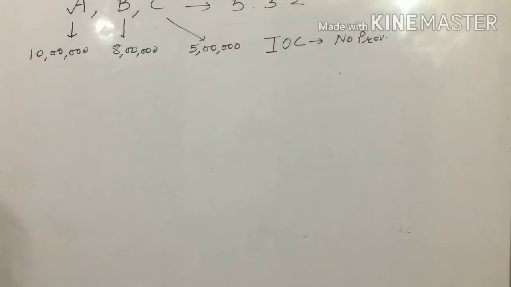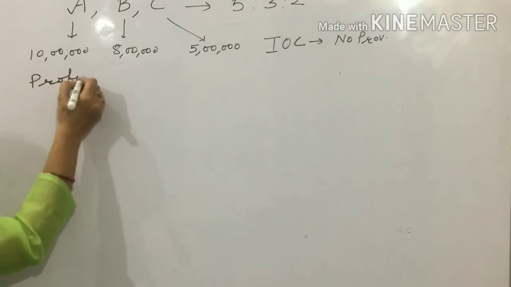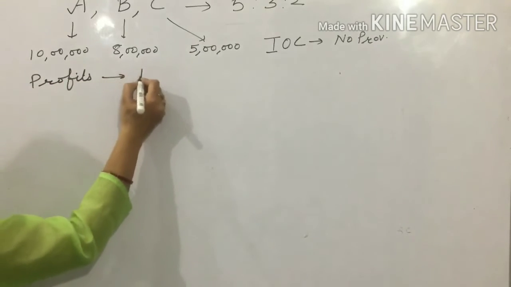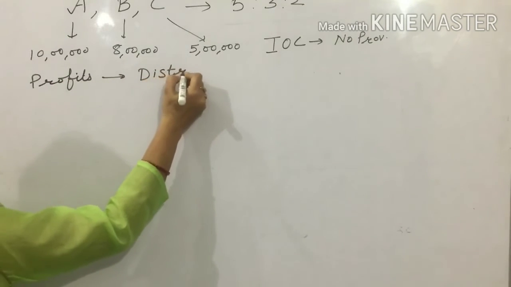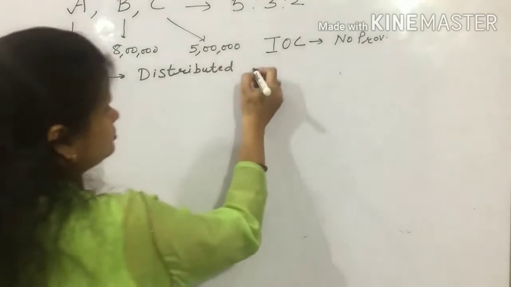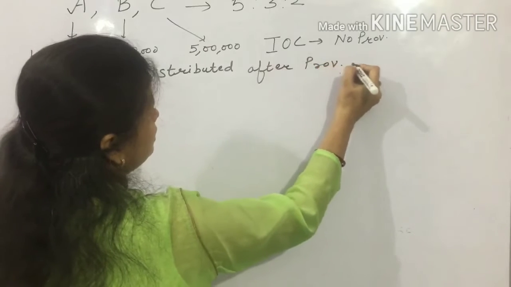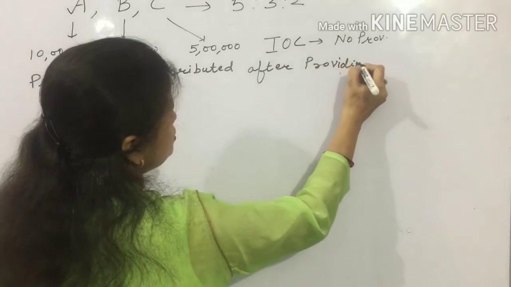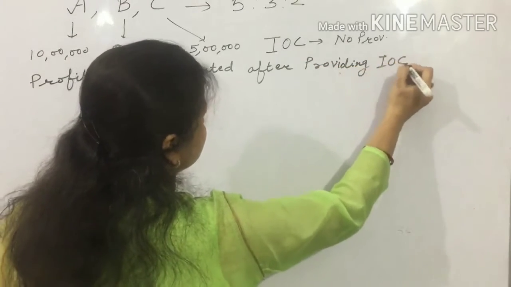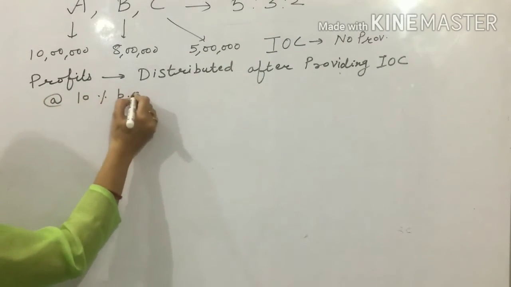And profits during the year were distributed after providing interest on capital at the rate 10% per annum.